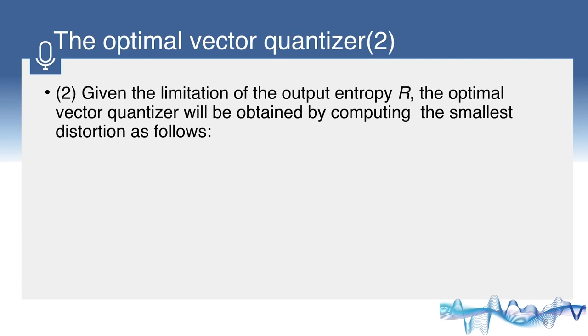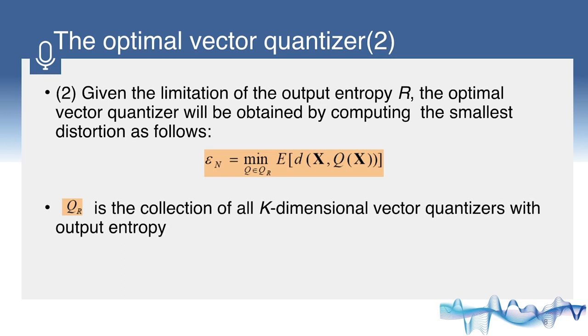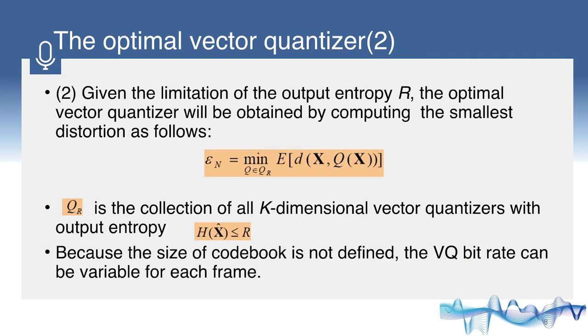The second optimal vector quantizer is defined by giving a limitation of the output entropy R. The smallest distortion is computed within the collection of all K-dimensional vector quantizers with output entropy Hx less than or equal to R. Because the size of the codebook is not defined, the VQ bit rate can be variable for each frame.